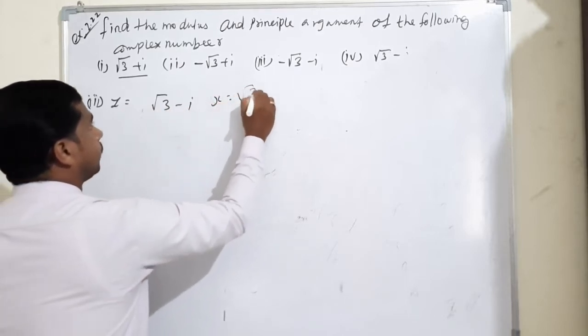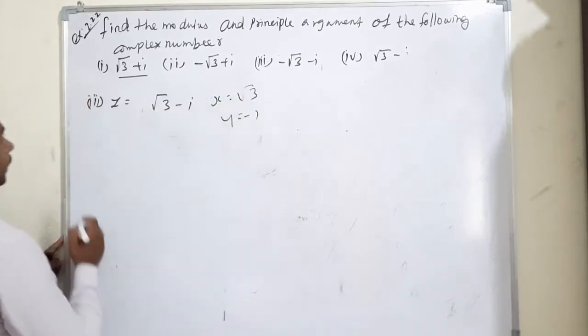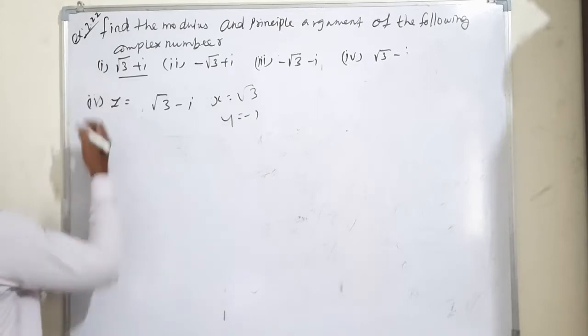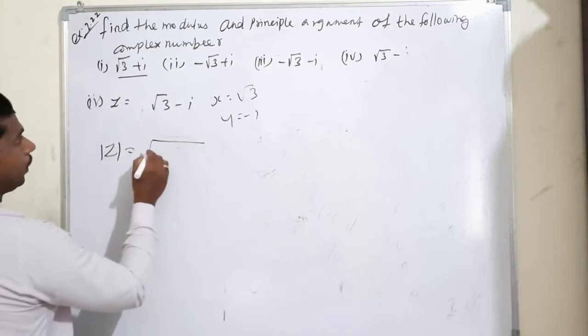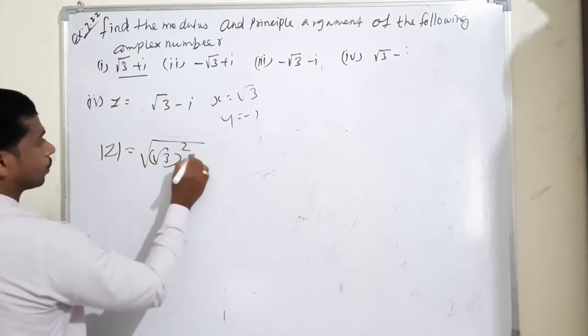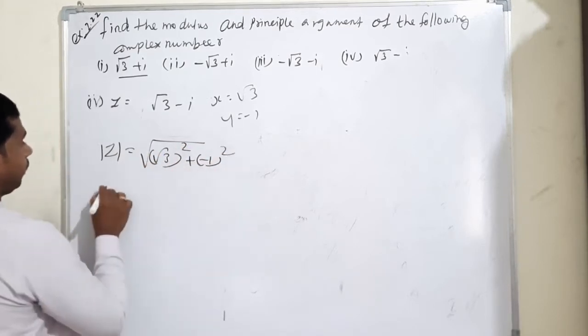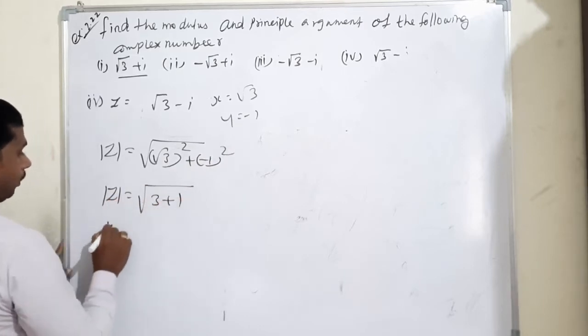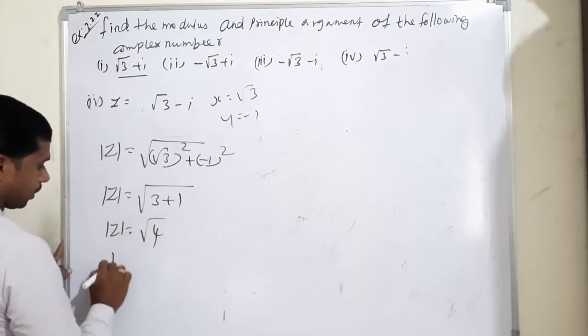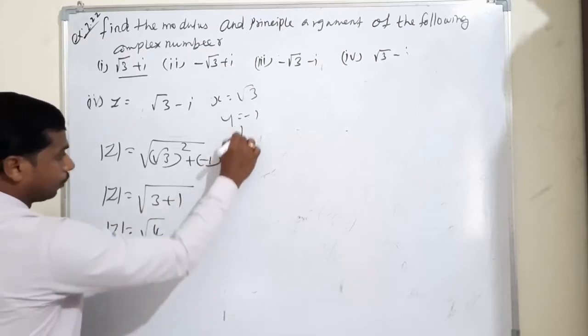We can say x is a positive value, y is equal to minus 1. This is the fourth subdivision, isn't it? So modulus of z is the square root of root 3 the whole square plus minus 1 the whole square. Again, modulus of z is equal to 3 plus 1, so root 4, which means modulus of z is equal to 2.